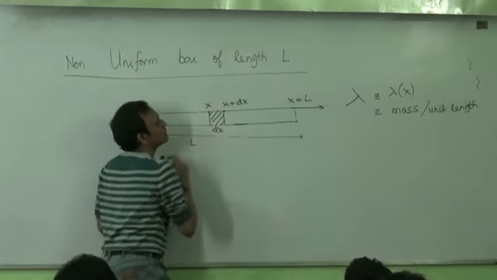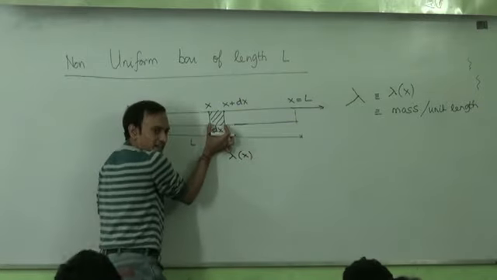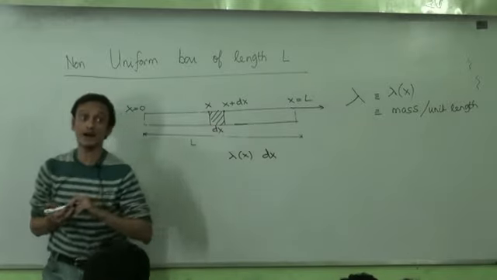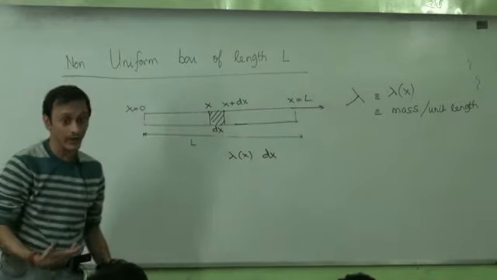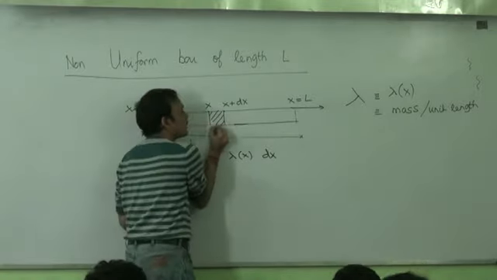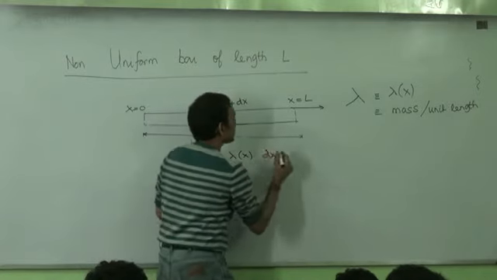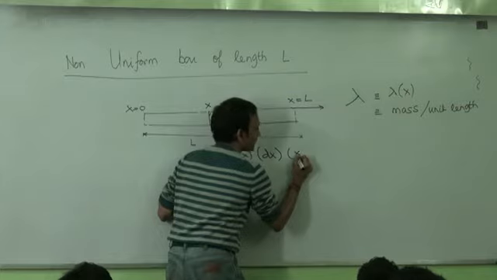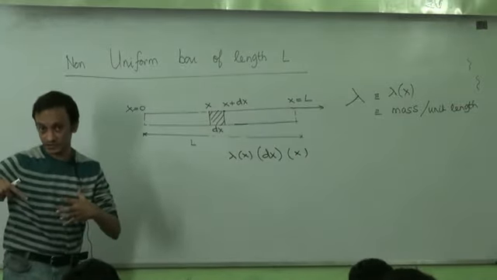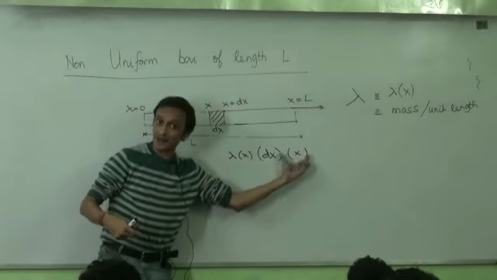What's the mass of this element dm? Lambda is the mass per unit length at x, times the length dx. That's the mass of the shaded portion, yes or no? Are you there with me? Into the x-coordinate of this dm. The x-coordinate of this is x. So m_i x_i for this mass element: this mass element times the x-coordinate of this mass element.